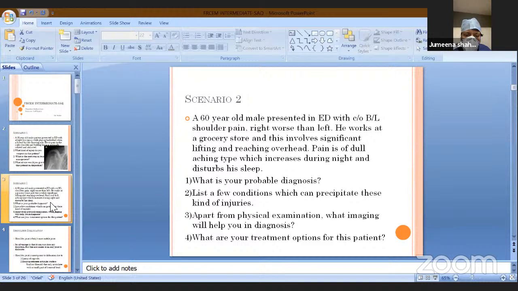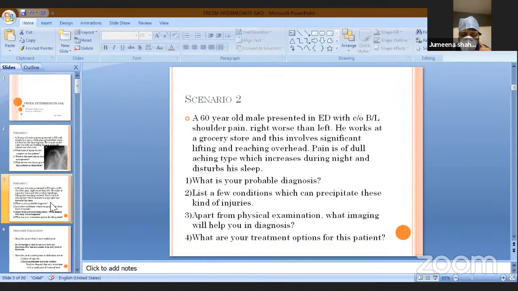If they ask what is your probable diagnosis, and you haven't read that part or the history is not very clear to you, you will definitely have three or four diagnoses.